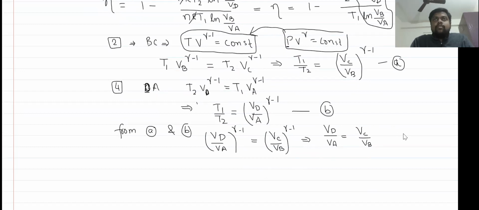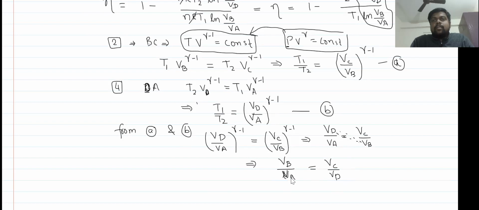Now let us check what we have to find, Vb by Va. Now let's cross multiply this equation. So you will get Vb by Va is equal to Vc by Vd.